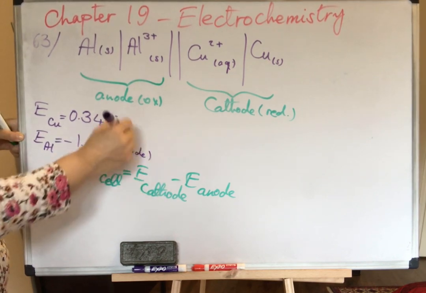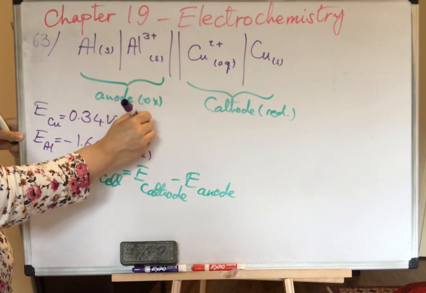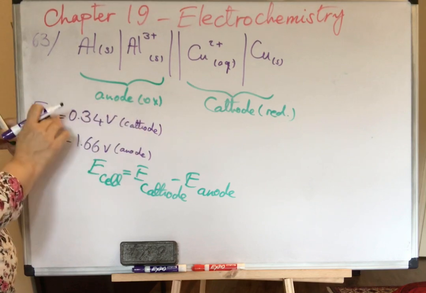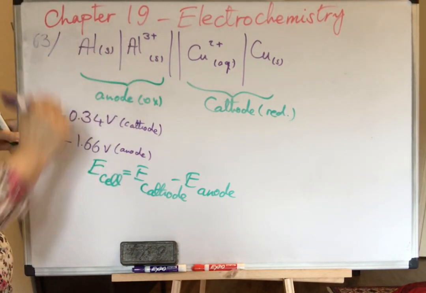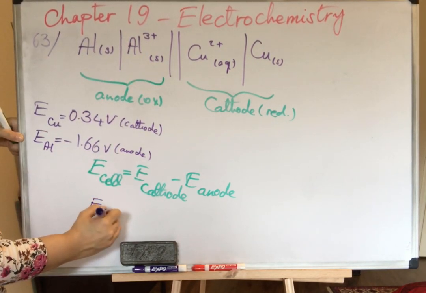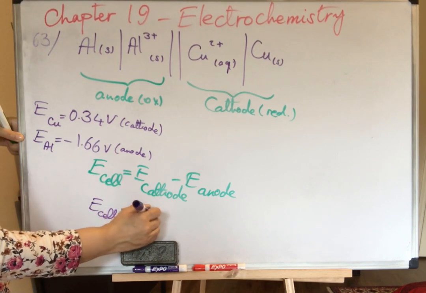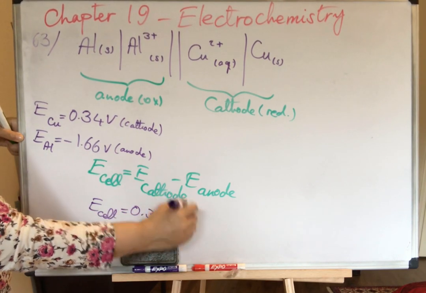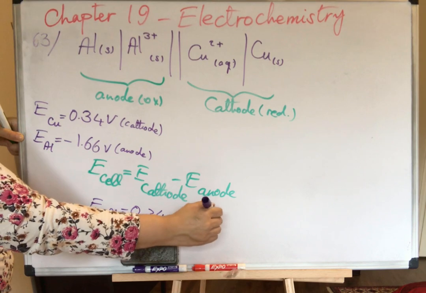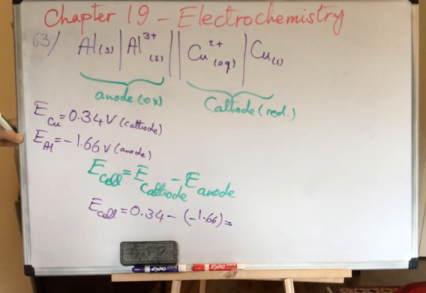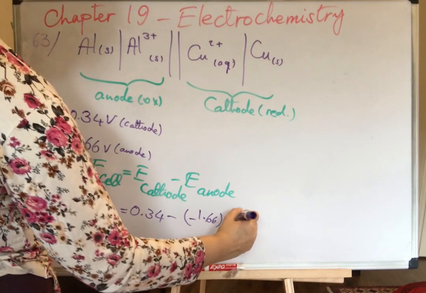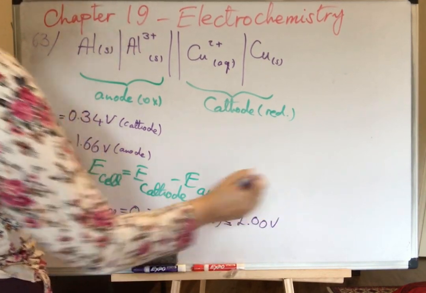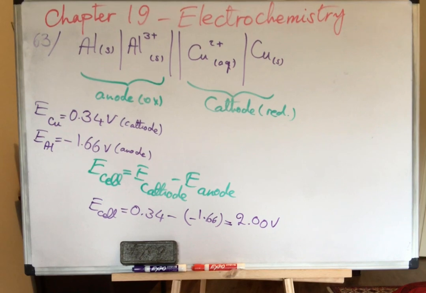So put it for anode and put this one for cathode, right? It matches for copper cathode, for aluminum anode. So E of cell is 0.34 minus 1.66, which is plus. So you will have almost 2 volts. You can get 2 volts from this battery or whatever cell it is.